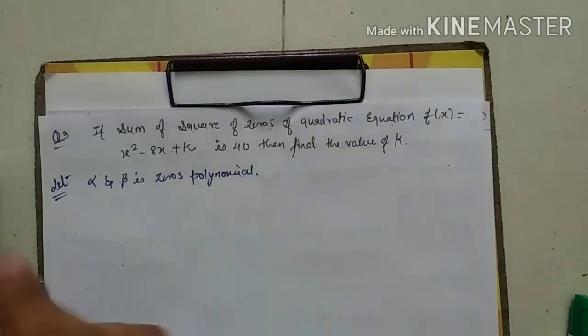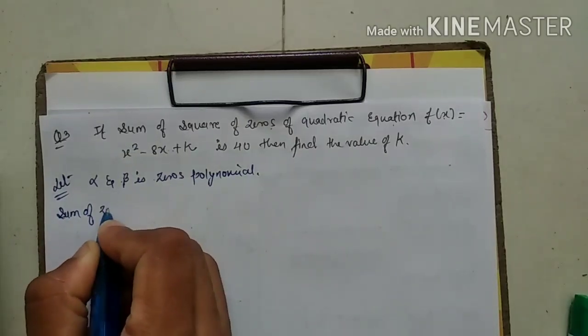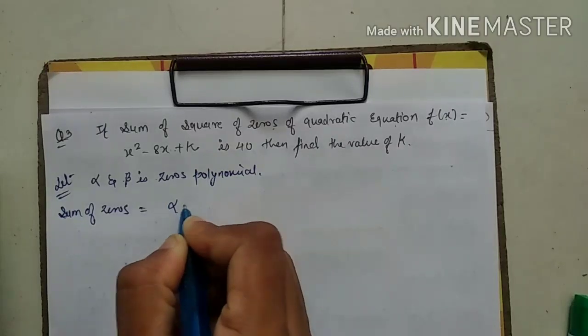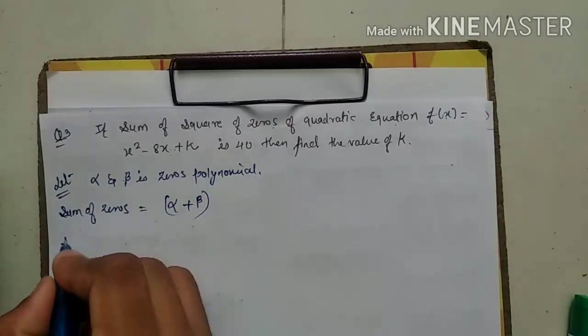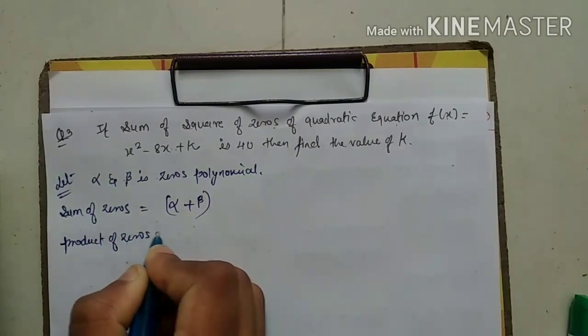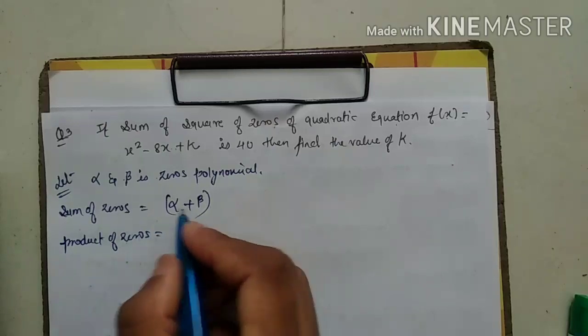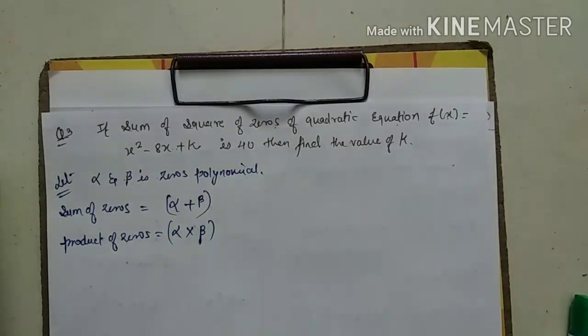I have assumed it. So just understand, the sum of zeros will be what? Sum of zeros means alpha plus beta. Correct or not? Same as, product of zeros is what? Alpha into beta. This much is clear, I think so.